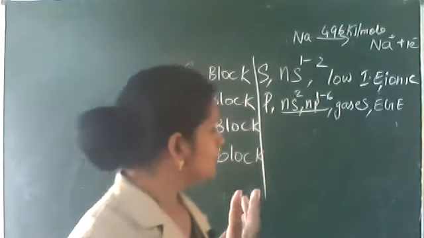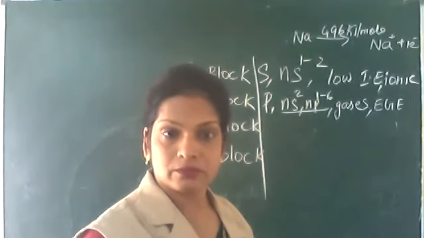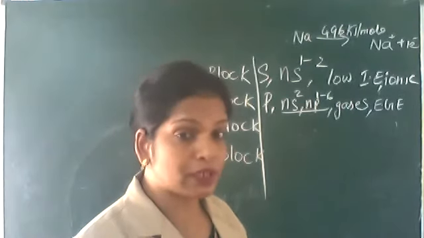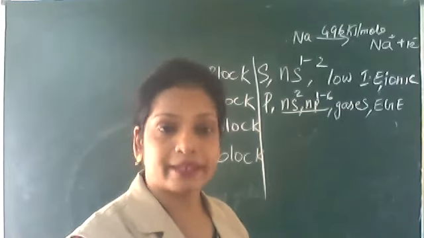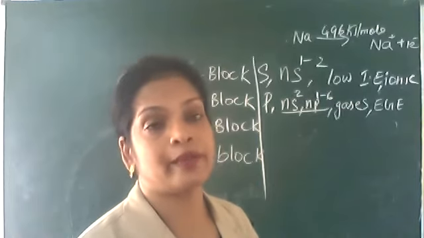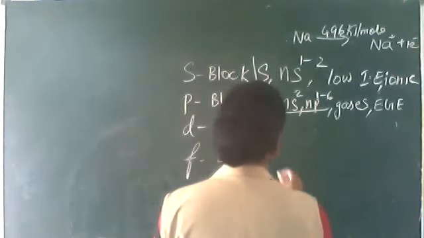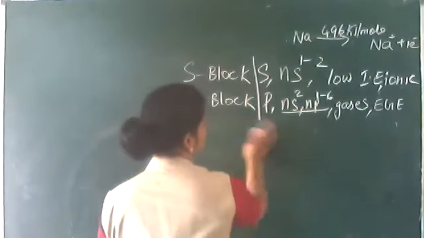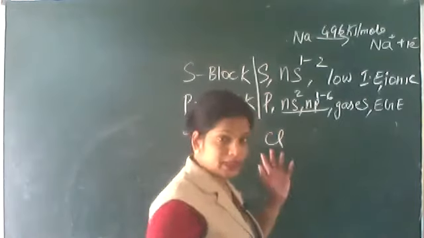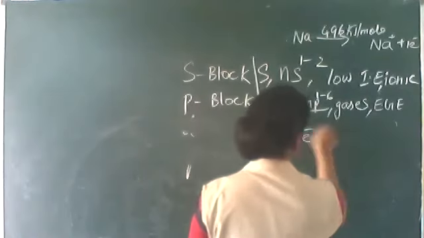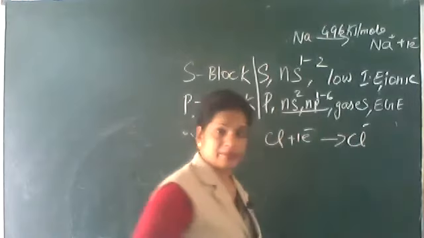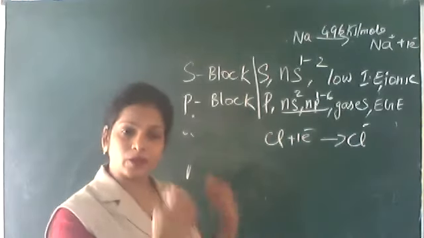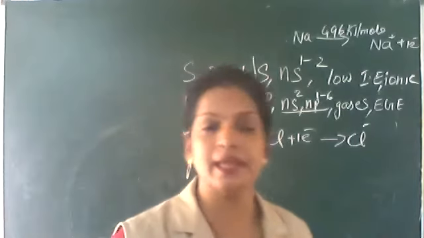So for example, if chlorine takes 1 electron, what will become? Chlorine was neutral, by taking 1 electron, 1 electron means negative charge. Now after taking that negative charge, the species became negative. For example, Cl neutral, when it takes 1 electron, it becomes Cl-. During this taking of 1 electron, some amount of energy is released.